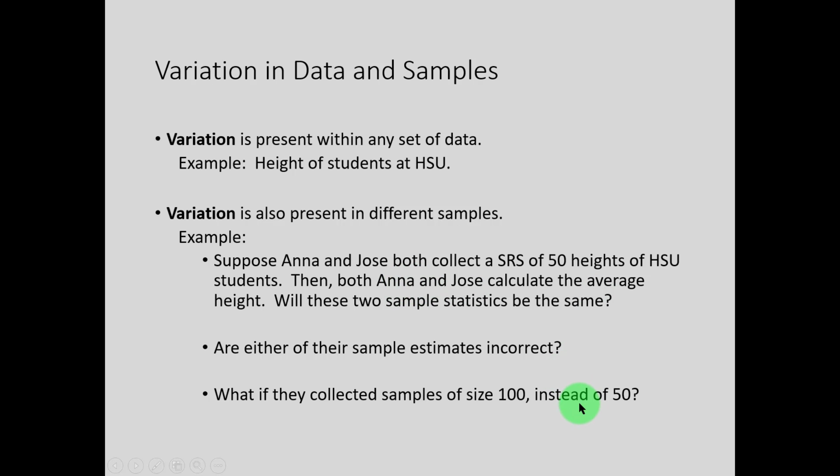And we would also expect that those sample statistics would better approximate the population parameters. So variability, a concept that we are going to discuss over and over again throughout our course.